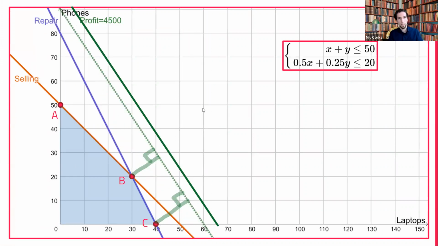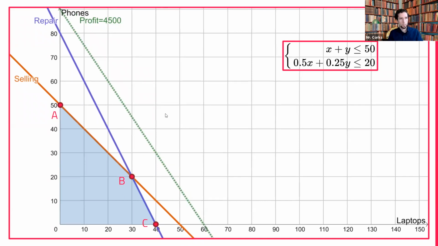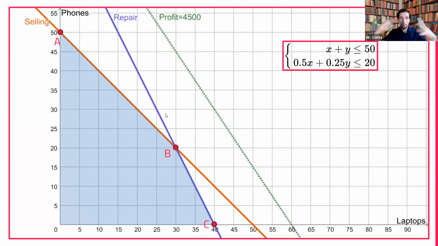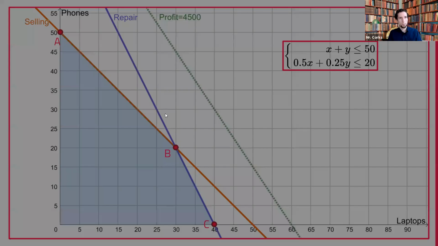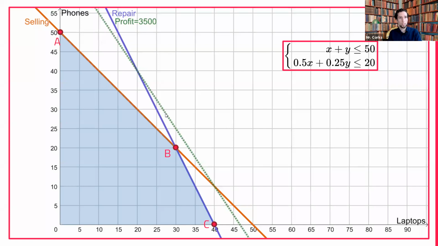Okay, let's say we don't want to do that. We think that's just not really a careful way of doing it. Then instead, we can sort of zoom in on our graph like this. I know if you're on paper, just lean in or something. And let's say instead of 4,500, we change our constant here to be, say, 3,500, which will give us a line that looks closer like this.